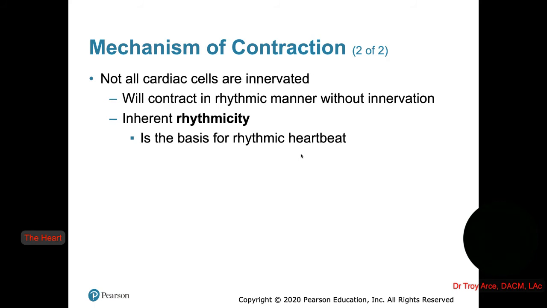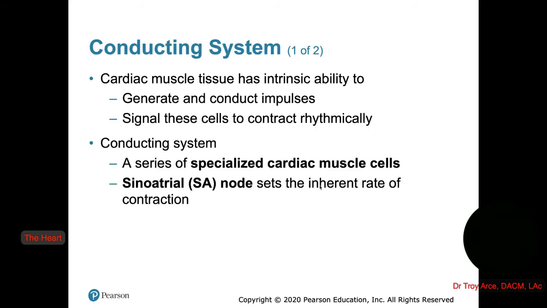Not all cardiac cells are innervated, and they will contract in a rhythmic manner without innervation. This is called inherent rhythmicity and is the basis for the rhythmic heartbeat. The conducting system, the cardiac muscle tissue itself, has an intrinsic ability to generate and conduct impulses.